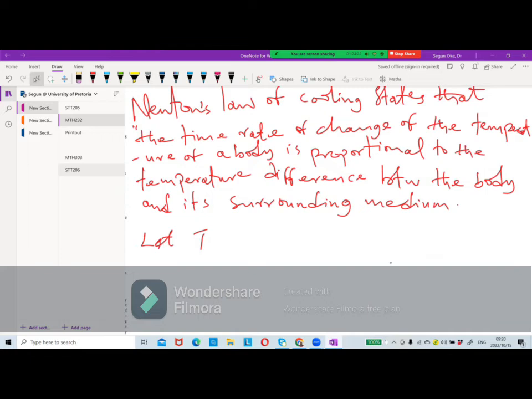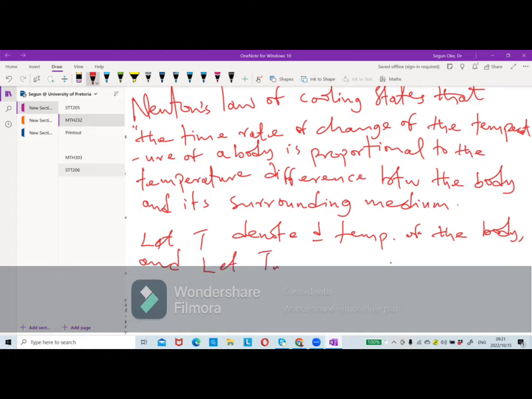Let T denote the temperature of the body and let Tm denote the temperature of the surrounding medium.